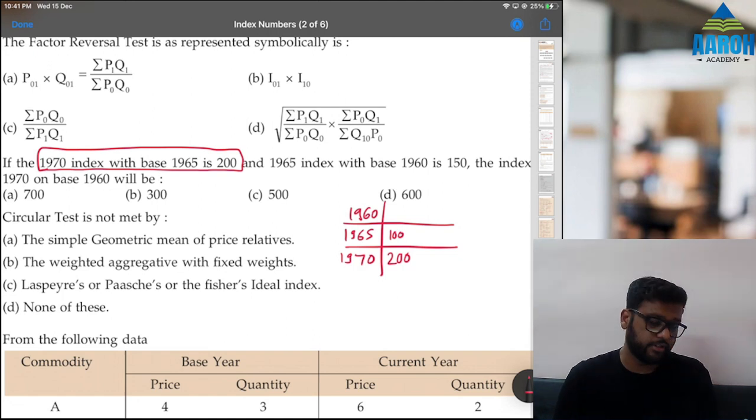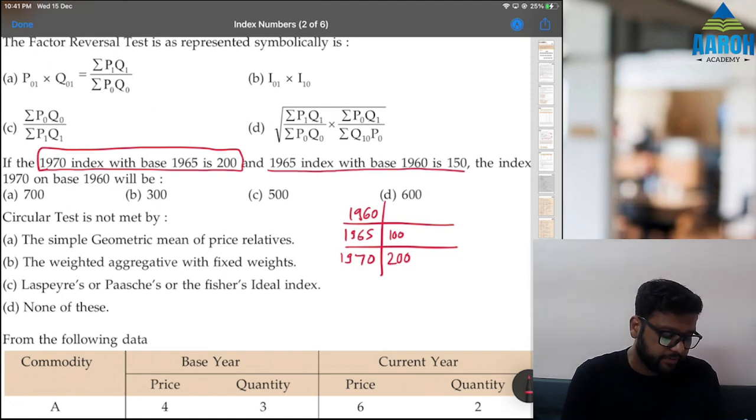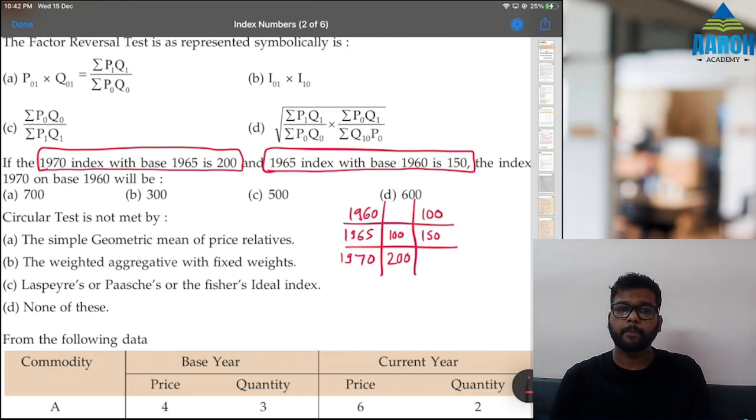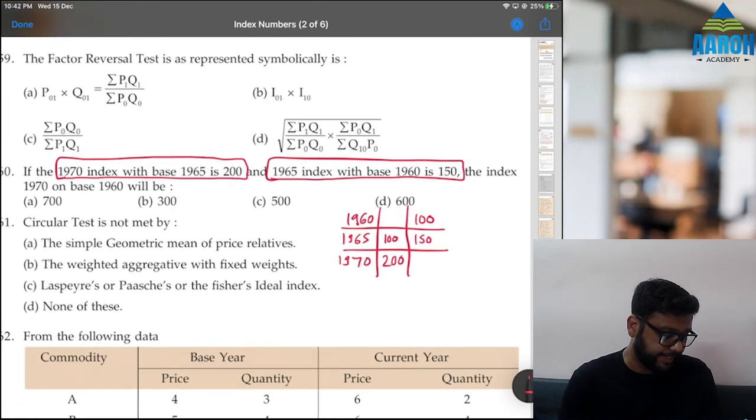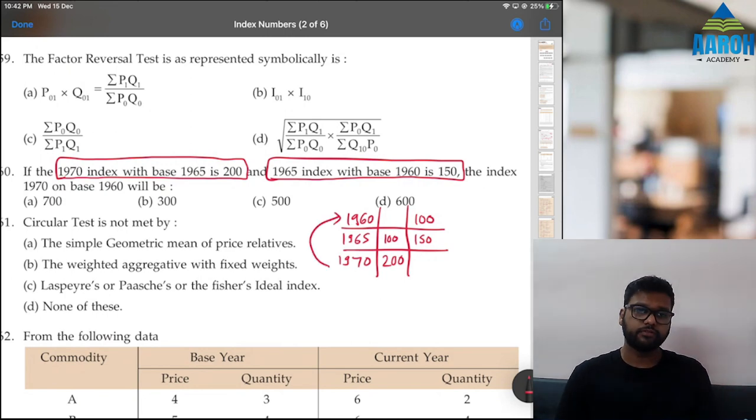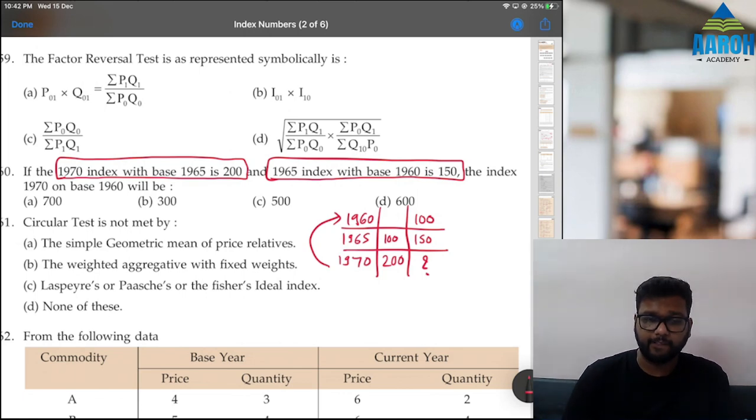100. Fine. And 1965 index number with base 1960 is 150. So can I write it like this? 150 when this is 100. Now they're asking index number of 1970 with base 1960. That means we just have to calculate this.